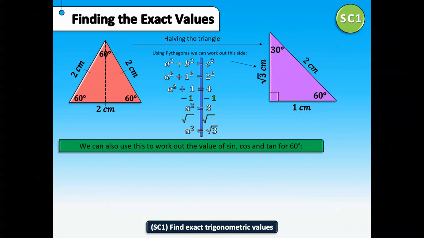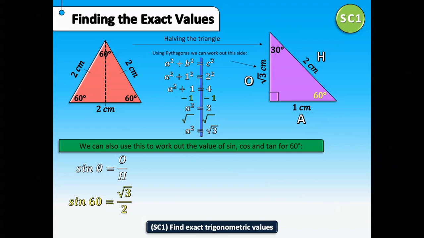Now if we do the same thing, but for 60 degrees, so if we highlight the 60-degree angle, the 2 centimetres remains the hypotenuse, root 3 is the opposite, and 1 centimetre is the adjacent. So sine 60 is opposite over hypotenuse.